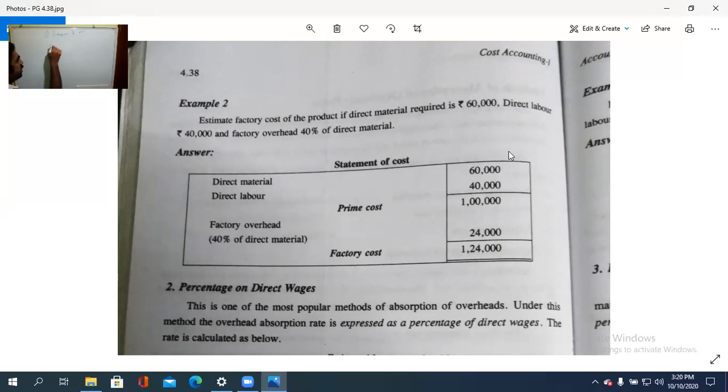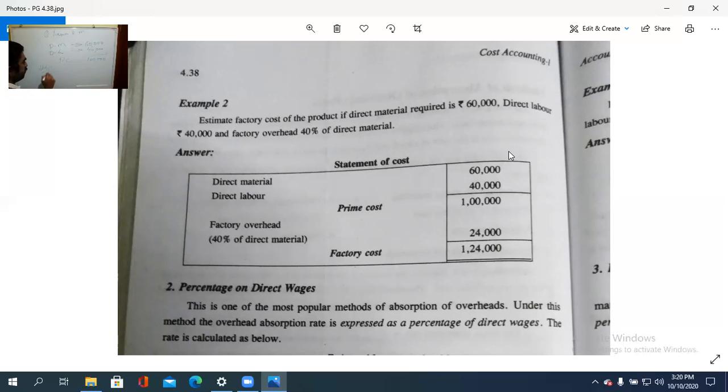Direct material is 60,000. Then direct labor or wages is 40,000. Then prime cost is 1 lakh.